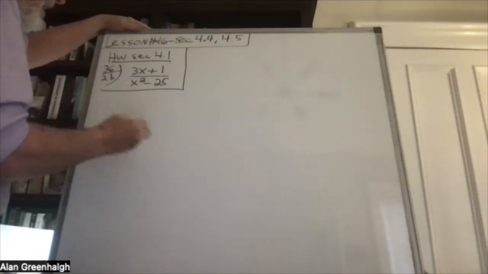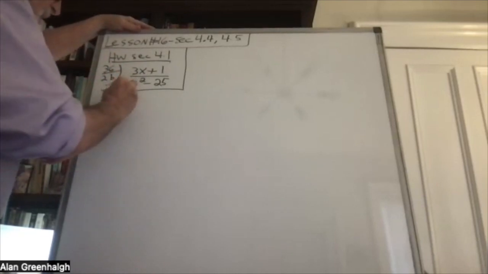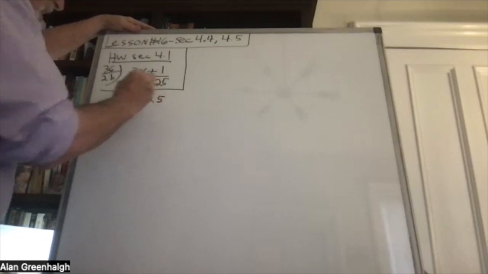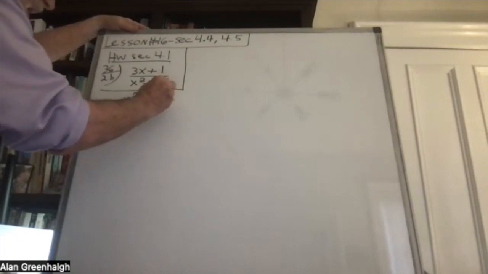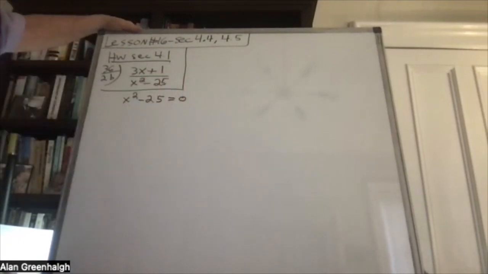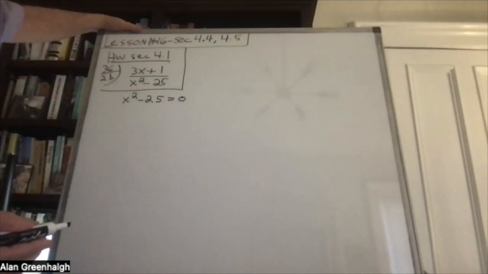And remember that this fraction is not defined when the denominator is equal to 0. So the first step is to let the denominator equal 0 and see when the fraction is not defined. Now, there's two ways of solving this equation.